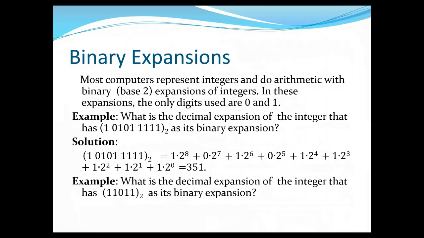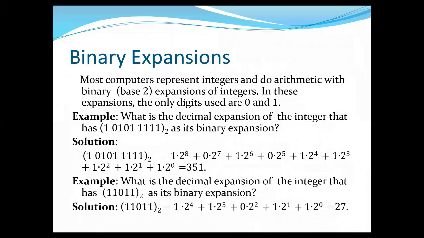So if you want to determine the equivalent of the binary number in decimal, we're just going to multiply each digit by its positional value and then add, and that's the equivalent in decimal.